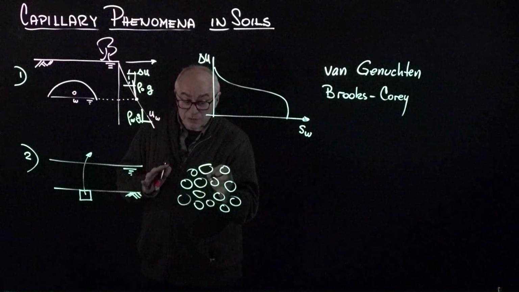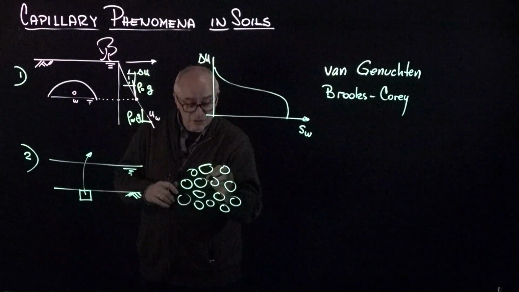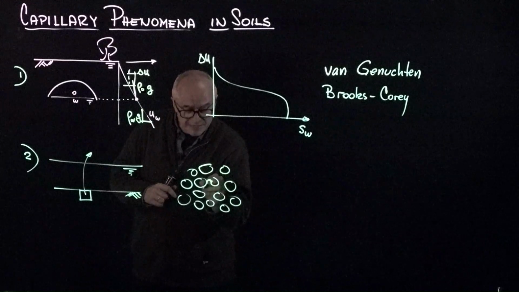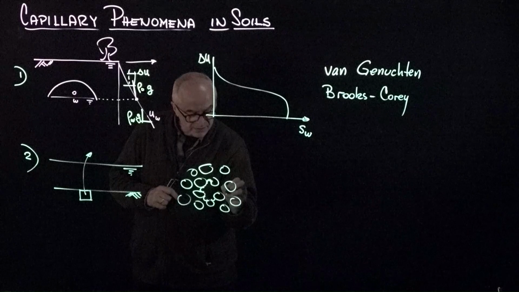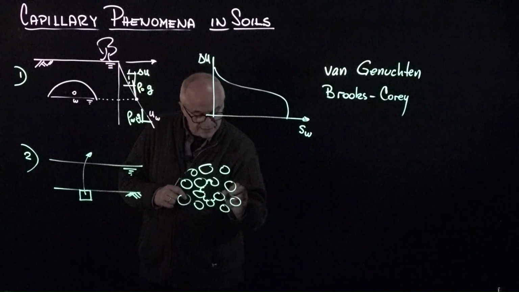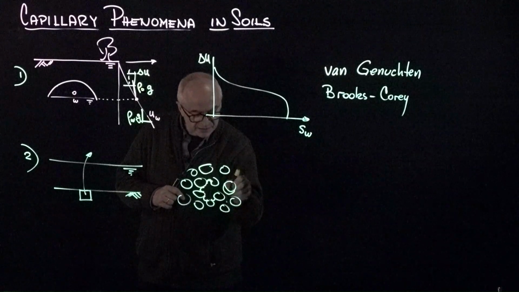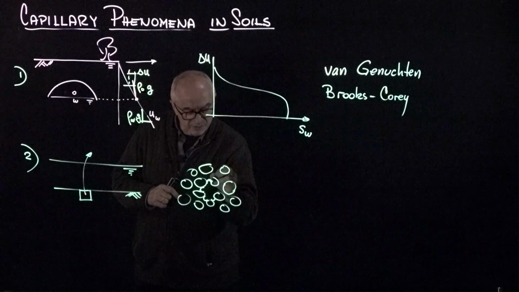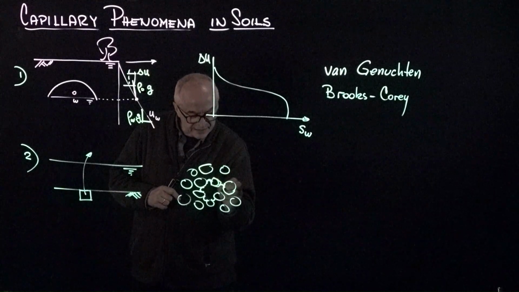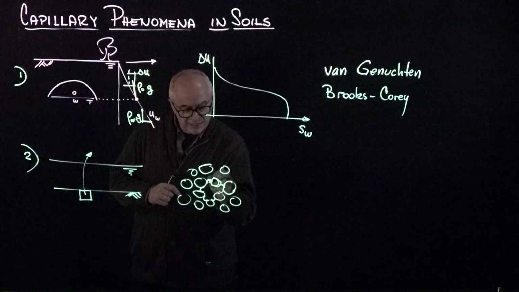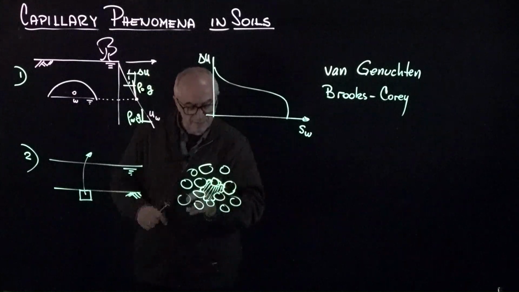But the water likes the soil, so it's wetting it, and so it forms menisci, all of them with the same curvature. Probably in this case I will have to make the particle larger, otherwise I will not be able to enclose it. And so here are the menisci that are forming, and all this is now the gas phase.